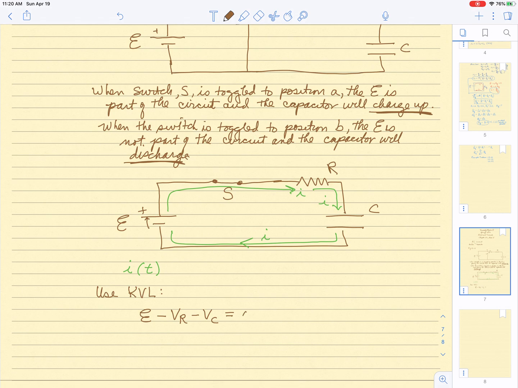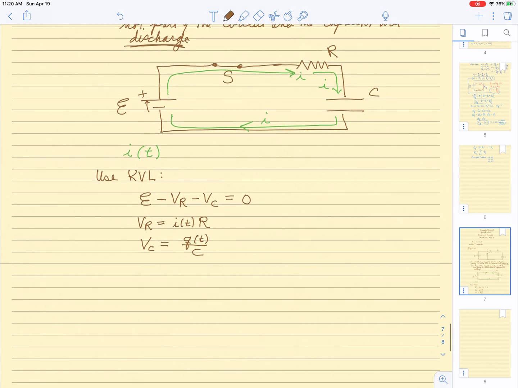And that will be equal to 0. So if we look at this now, the voltage across the resistor is going to be the current flowing through it times the resistance. The voltage across the capacitor is going to be the charge developed on that capacitor as a function of time divided by the capacitance.